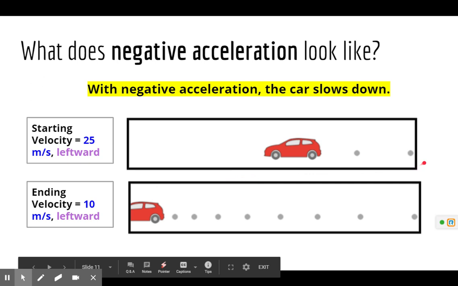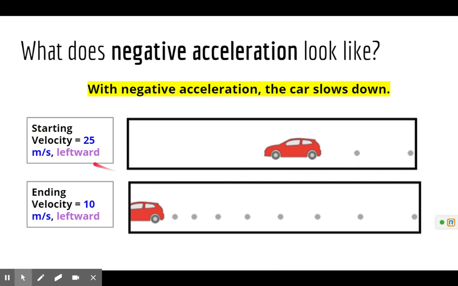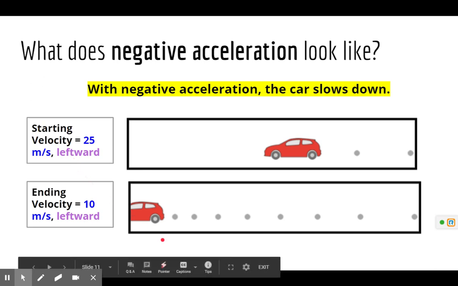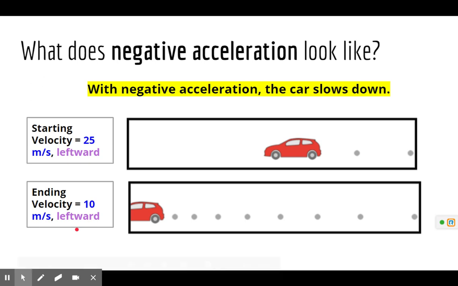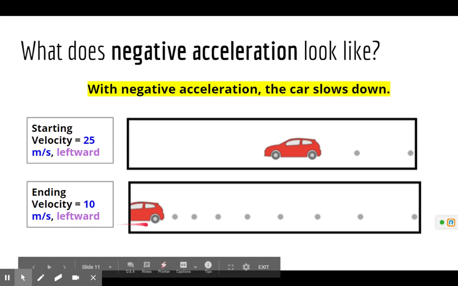In our first frame, we have the car with a starting velocity of 25 meters per second, leftward. In the second frame, we have the car with an ending velocity of 10 meters per second, leftward. You can also see that the distance between the gray dots changes.